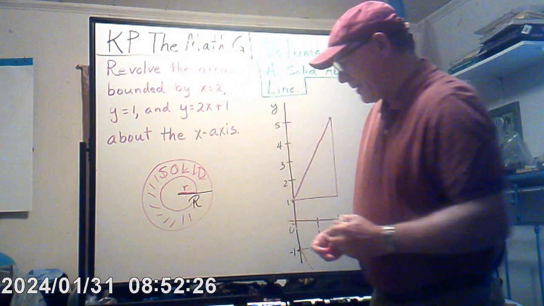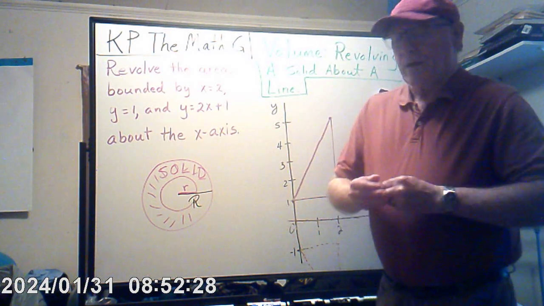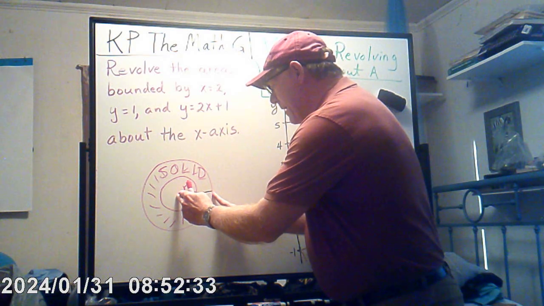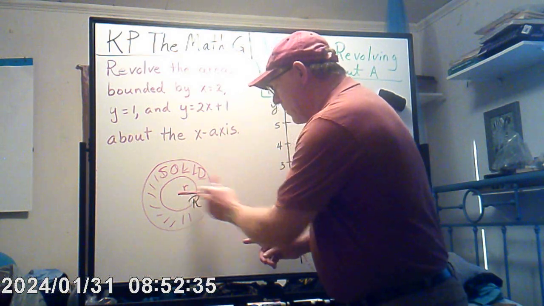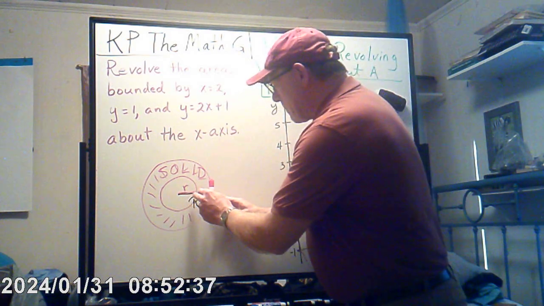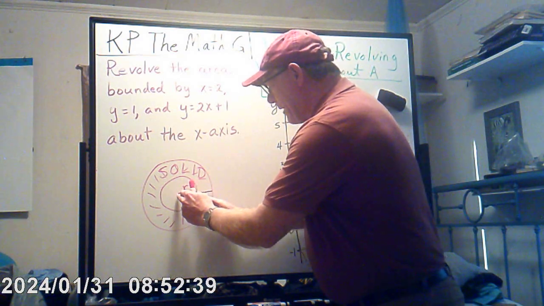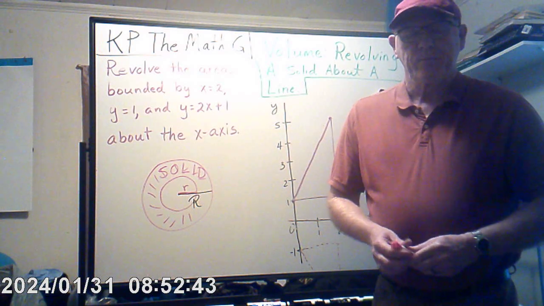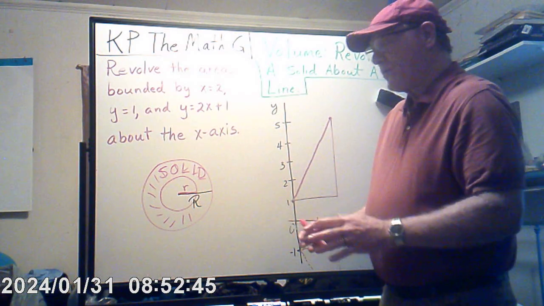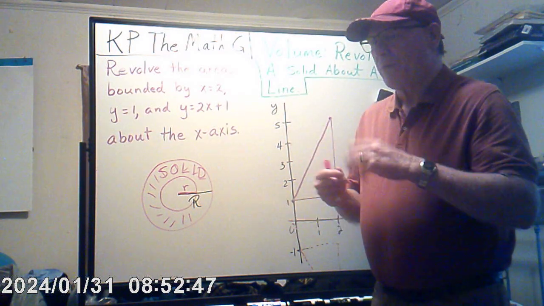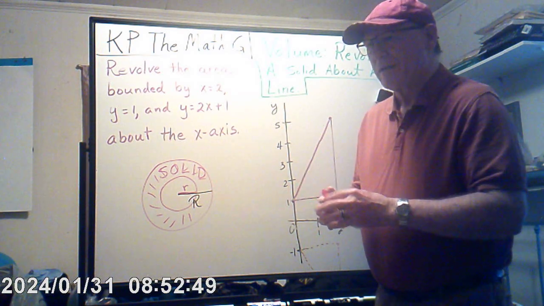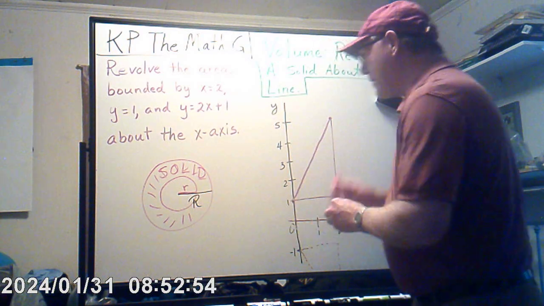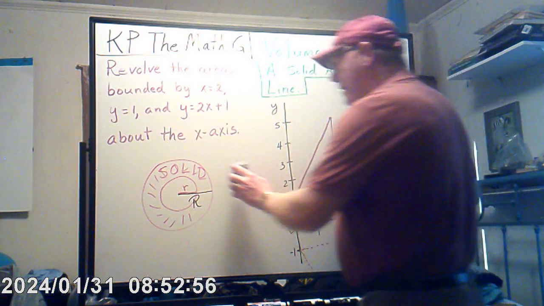So it's this long radius, including the hole, minus this here. And it's always in that form, pi r squared, so it's going to be big radius squared minus smaller radius squared.